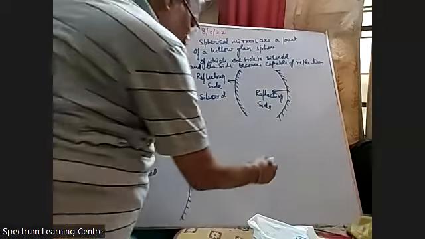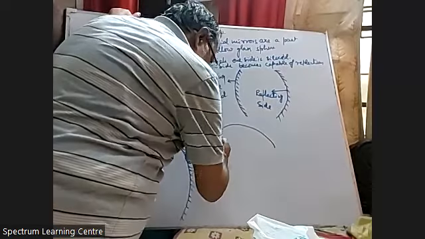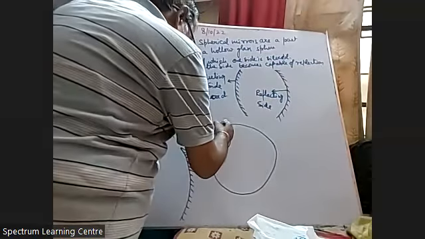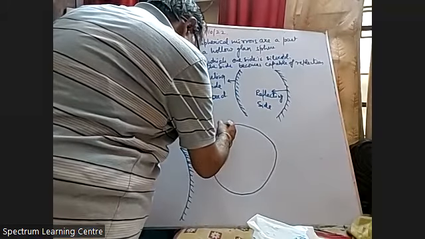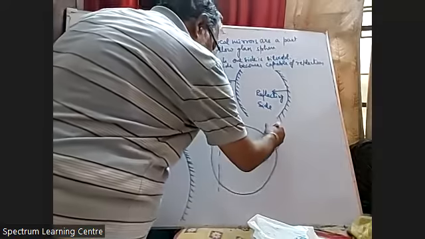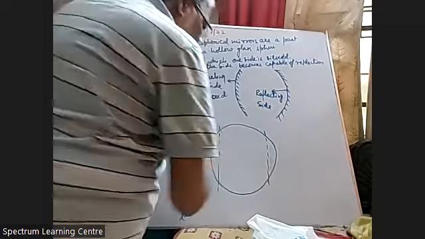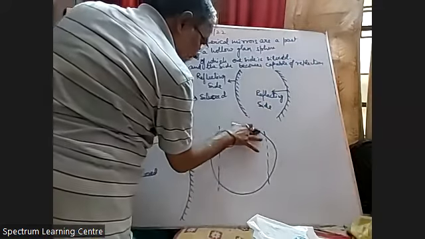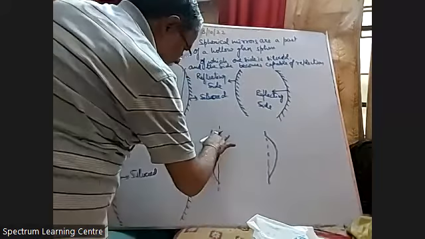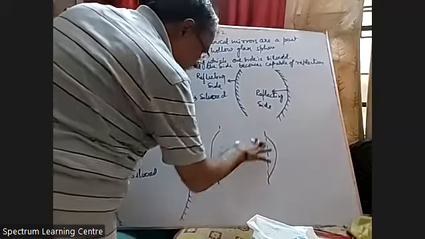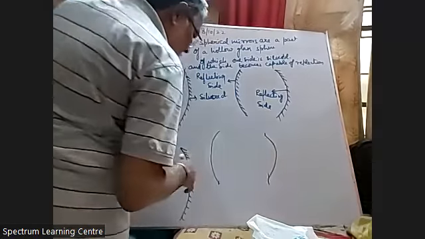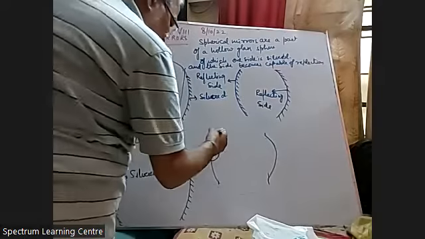Yes, sir. Okay. Now again I am making a hollow glass sphere, and say I am cutting it into two pieces. Right? So I will wipe off this portion and I'll wipe off this portion. Okay.